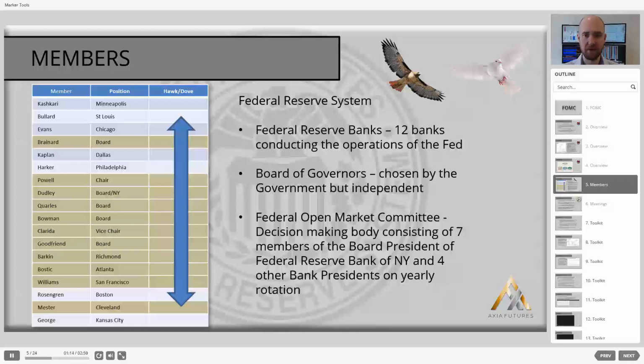Now, the Federal Reserve Board, or the FOMC I should say, doesn't have to operate with the full quota, and so I've listed members who are yet to be confirmed but are likely to be, so these being Bowman, Clarida and Goodfriend. So as of recording, they're not yet fully fledged members, but are in the process of being accepted as members.